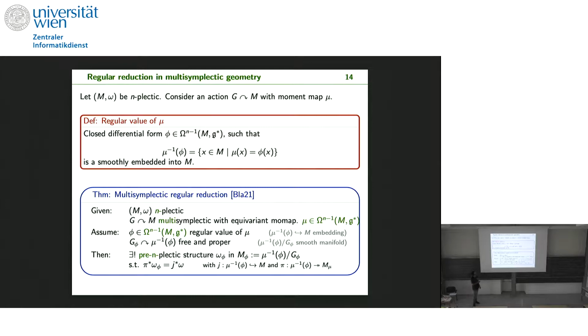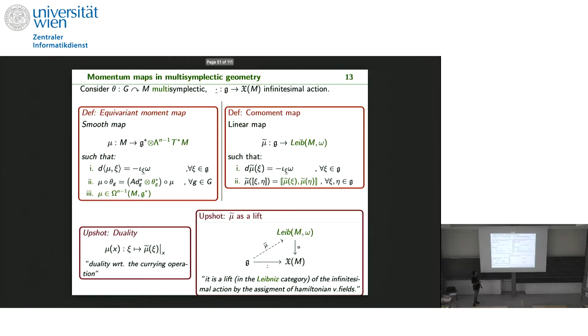Actually, I don't know how to do it, but this is somewhat an open problem, because if you remember, I also gave you the definition of L-infinity algebra of observables, right? So you can also construct a lift in the category of L-infinity algebras, and you get another version of the moment map. It is called the homotopy momentum map. So another natural question will be, what is the pre-image of the homotopy momentum map? How can I define a regular value of this?